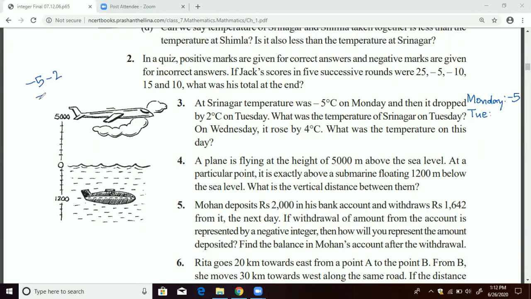We can do this as -5 plus the additive inverse of 2. The additive inverse of positive 2 is -2. So -5 minus 2 is equal to -5 plus -2, which is equal to -7. So Tuesday's temperature is -7.